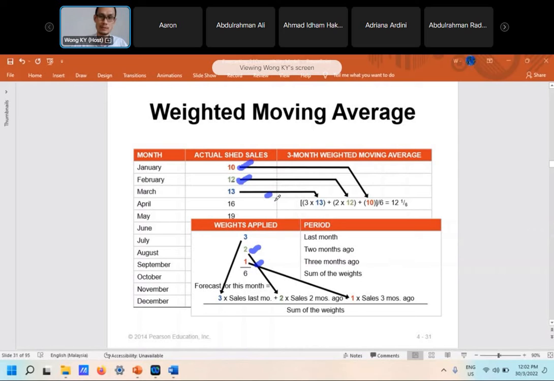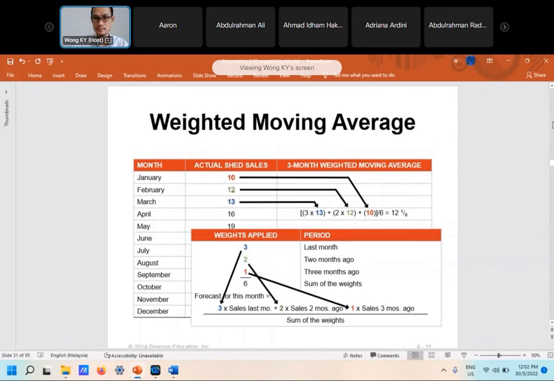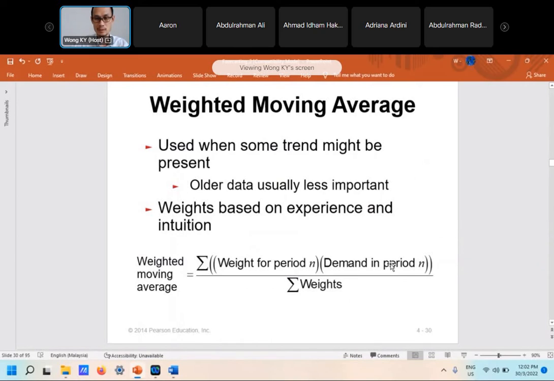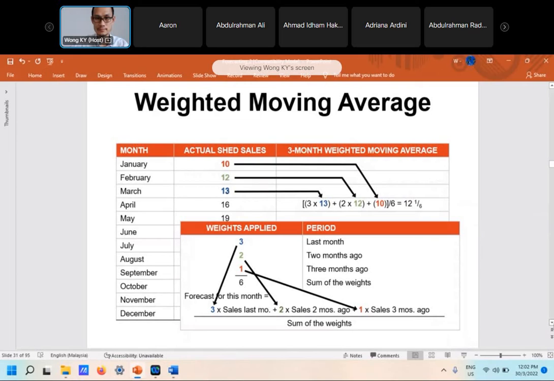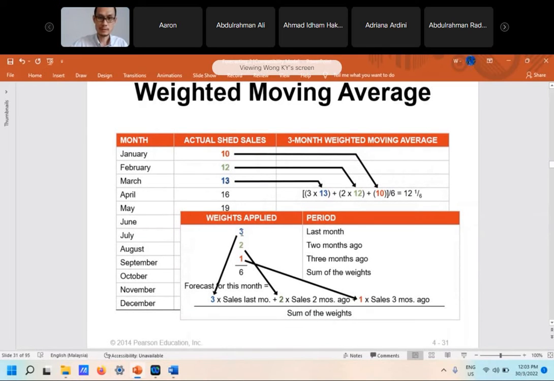So, if you look back at that formula, weights times demand, and then summation divided by summation of weights. So what it means is just this. Use the weight 3 multiplied with the demand in March, 13. And then weight 2 multiplied with the demand in February, which is 12.